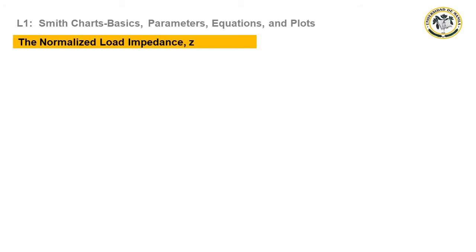We also have as our basic parameters the normalized load impedance. So the normalized load impedance, Z is equal to the load impedance divided by the characteristic impedance. That will give us the small letter r plus j and then the small letter x.